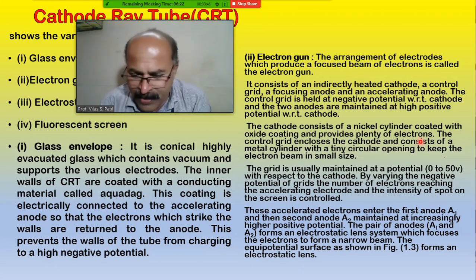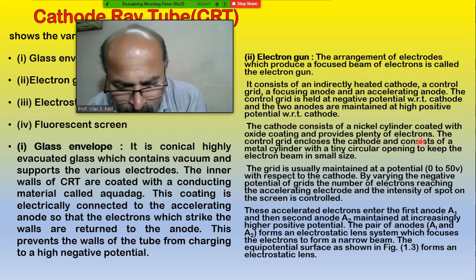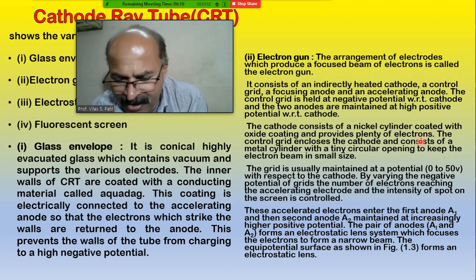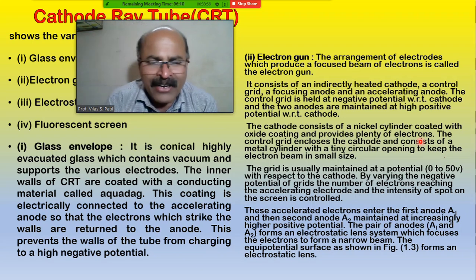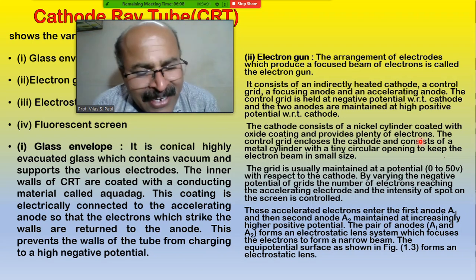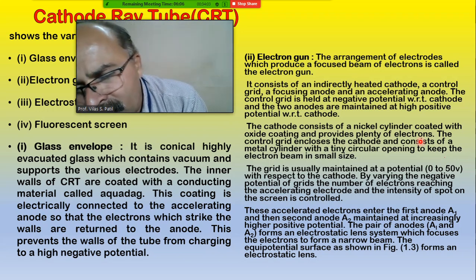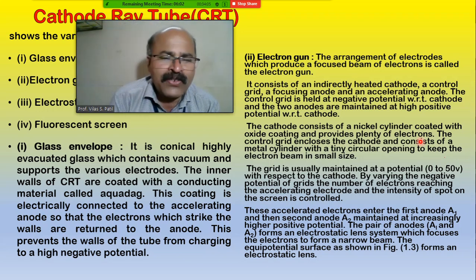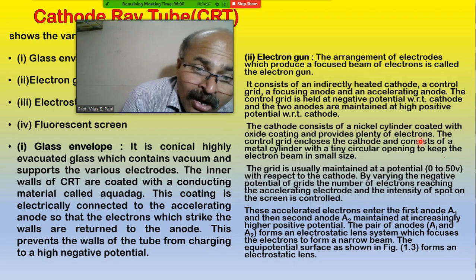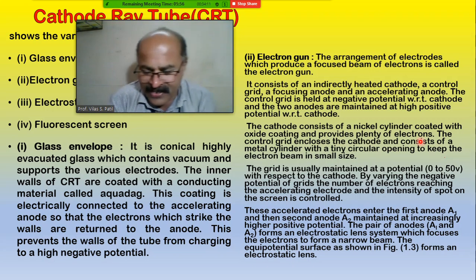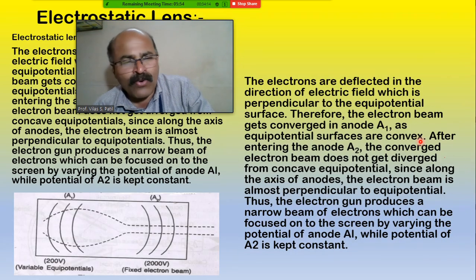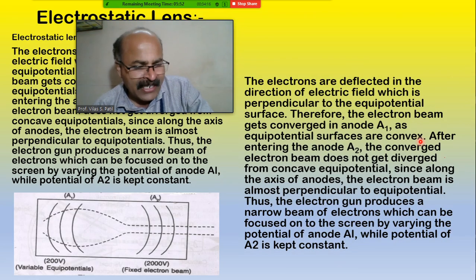The accelerated beam enters first into anode A1 and then anode A2, maintained at increasingly high potential, and the pair A1 and A2 forms the electrostatic lenses, and according to electrostatic lenses equipotential regions are produced, and these equipotential regions focus all the electrons at the screen, and such a focusing is known as an electrostatic focusing.